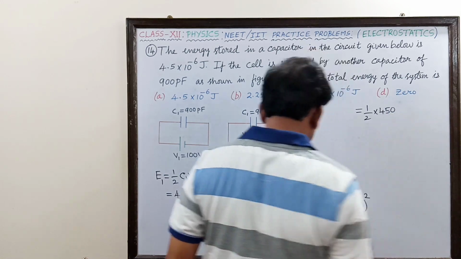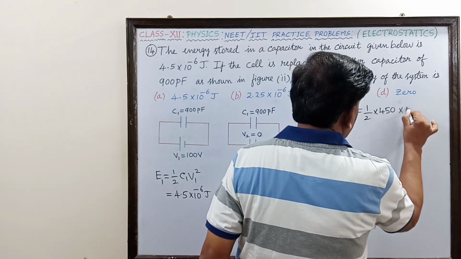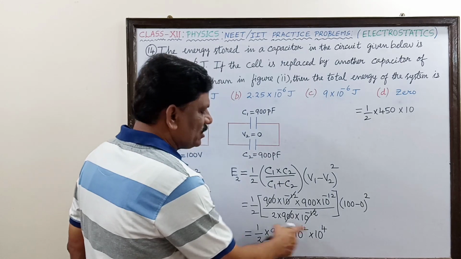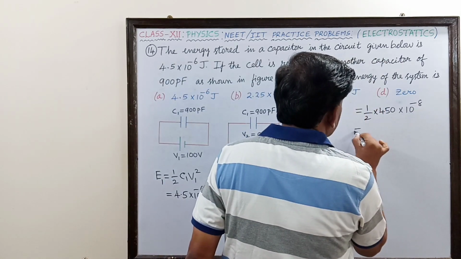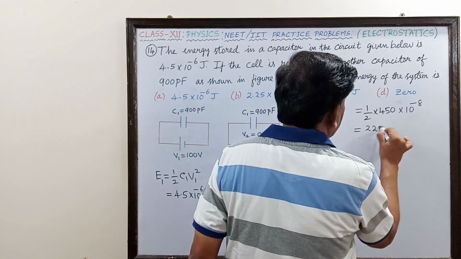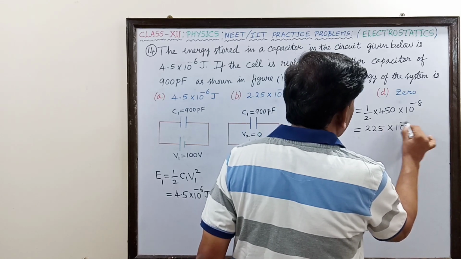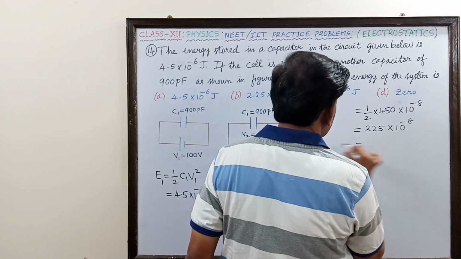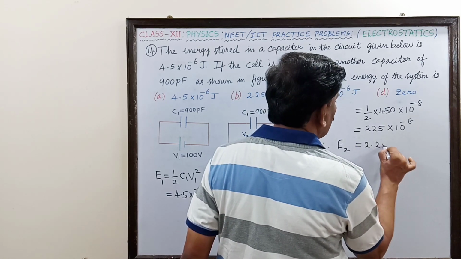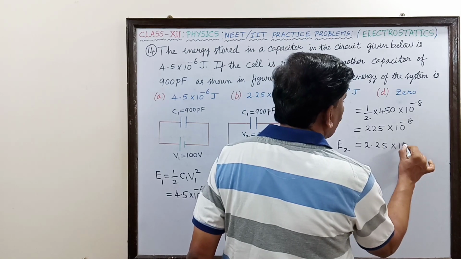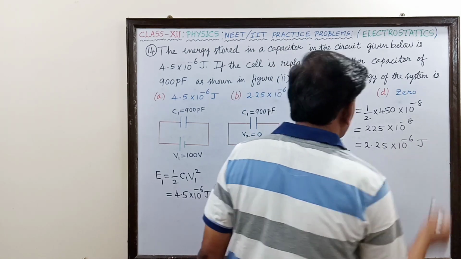This is 900 by 2 into 10 to the power of minus 12 plus 4, so this is minus 8. So this is 225 into 10 power minus 8, or therefore we can write E2 is equal to 2.25 into 10 to the power of minus 6 joule.